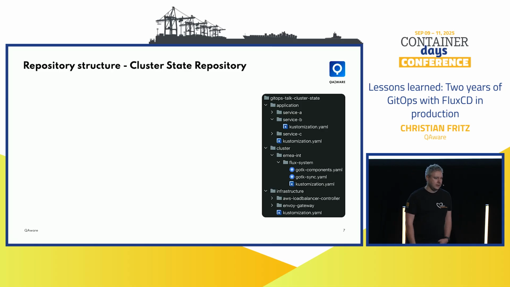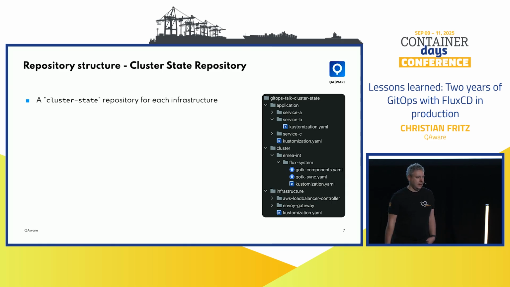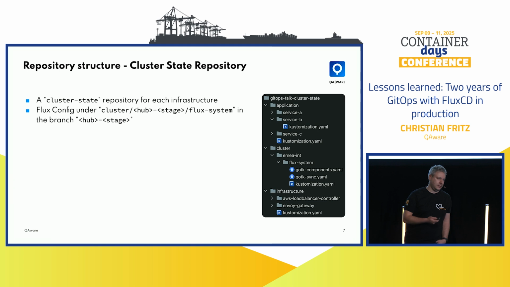That's a small example screenshot of our cluster state repository where we manage everything. So you can see it's one cluster state repository, and this Flux is configured on the cluster/hub-stage Flux system, as every time.